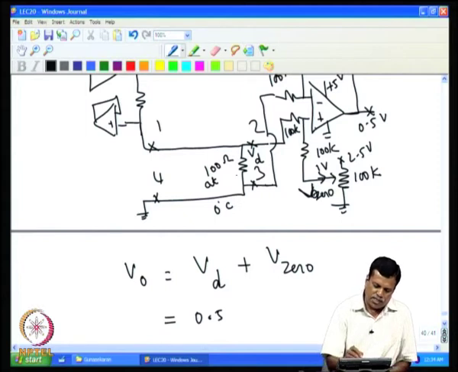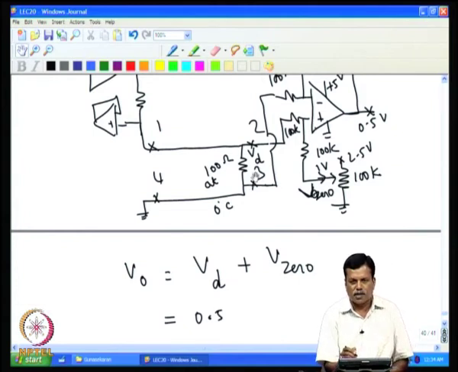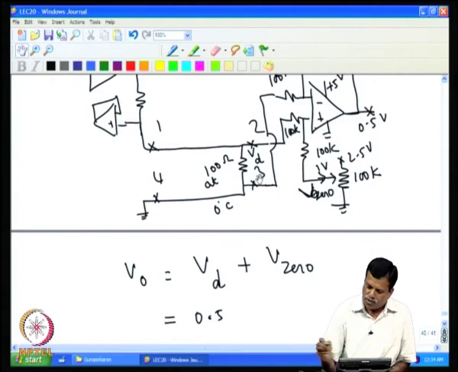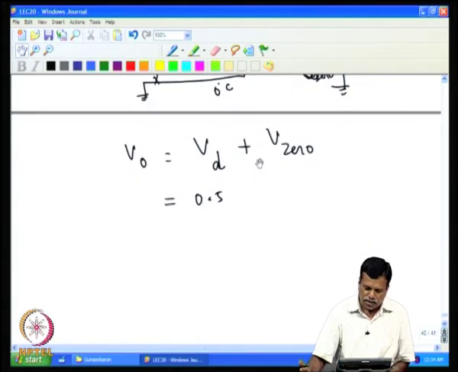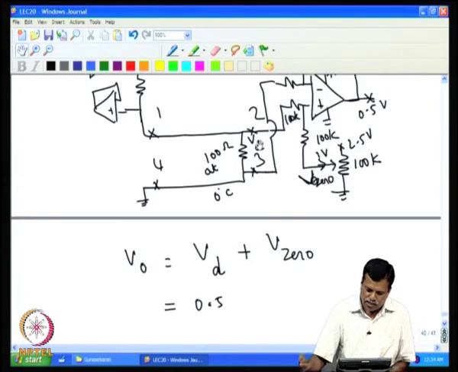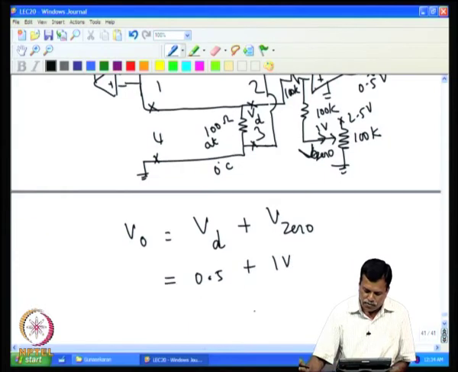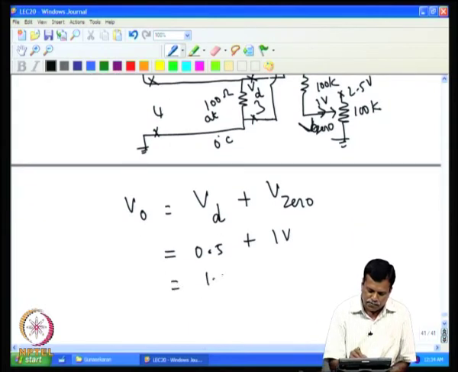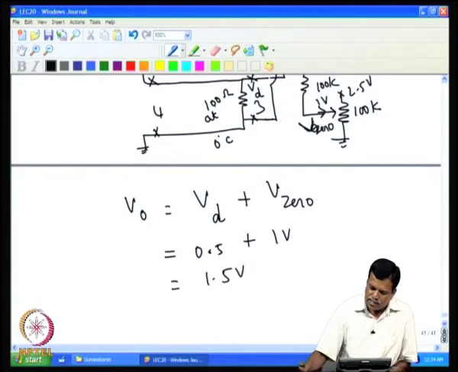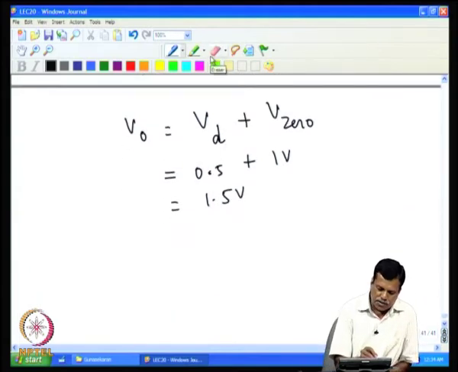Nevertheless, if the temperature changes, the resistance of this changes, and because of that the voltage across this will change. For example, at 400 degree C, the resistance would have gone up, but I will complete this first. If V difference is 0.5 volt and V0 is 1 volt, the output voltage will be 1.5 volt. So, by adjusting the zero part, one can vary the output voltage.